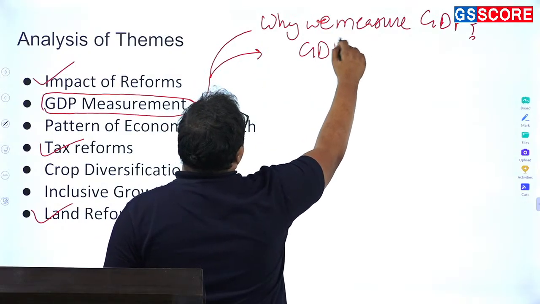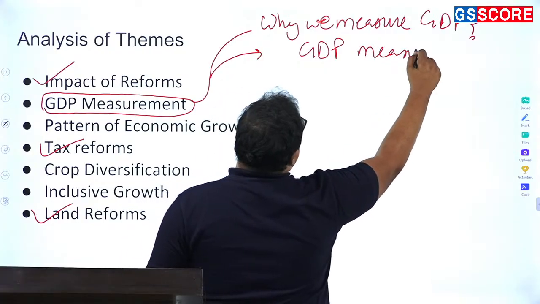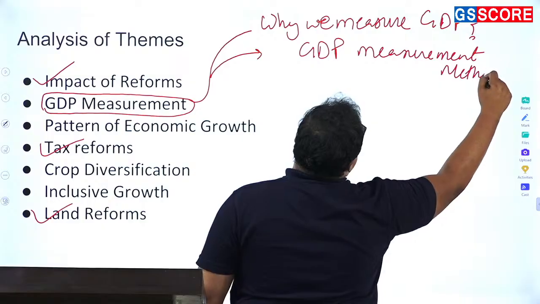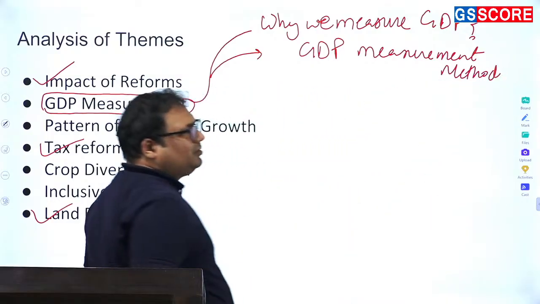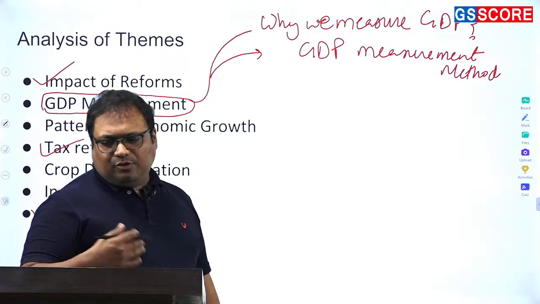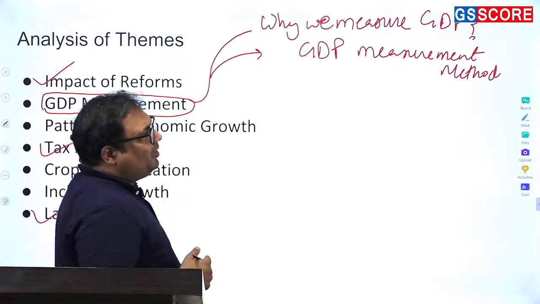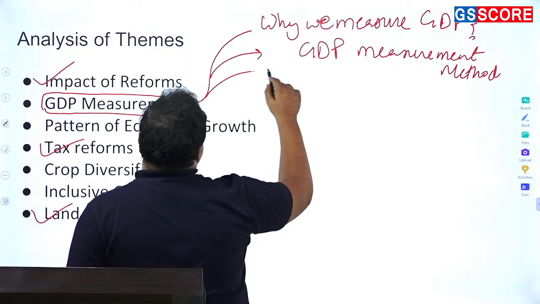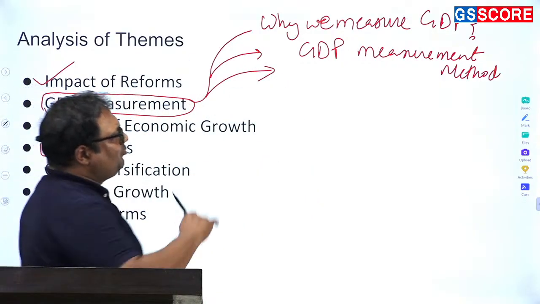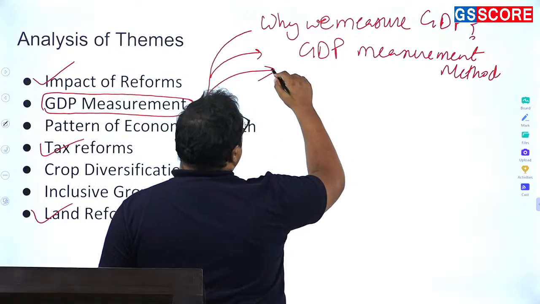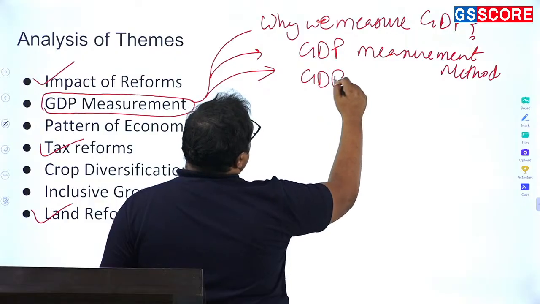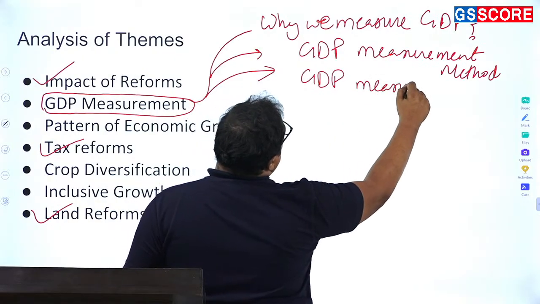Okay, then GDP measurement methods. So there is income method, there is expenditure method, there is value added method, and each of them have their own advantages, disadvantages. Then once you know the GDP measurement methodology, then you have to look into the GDP measurements or income measurements.